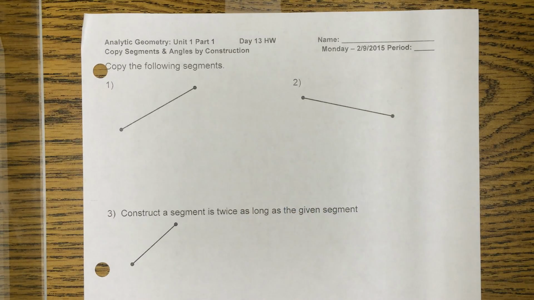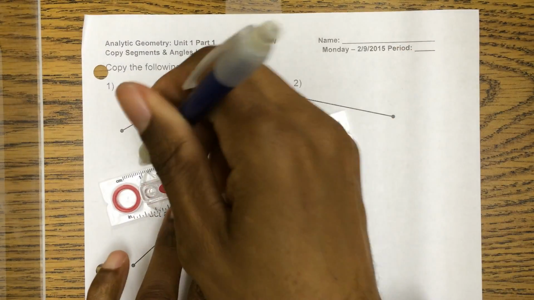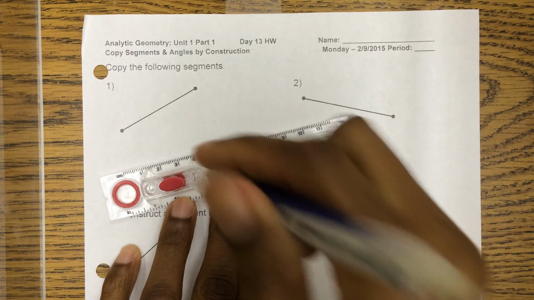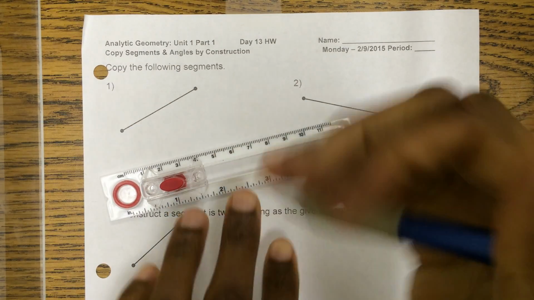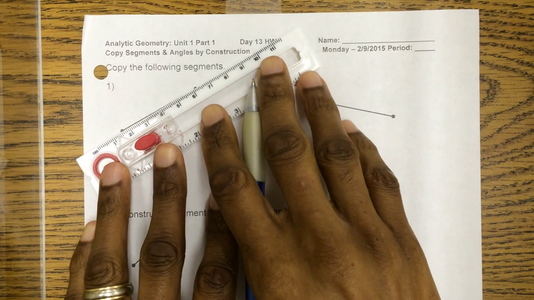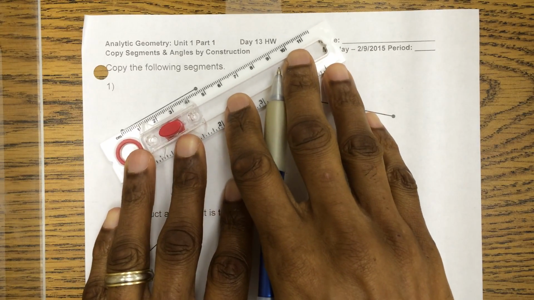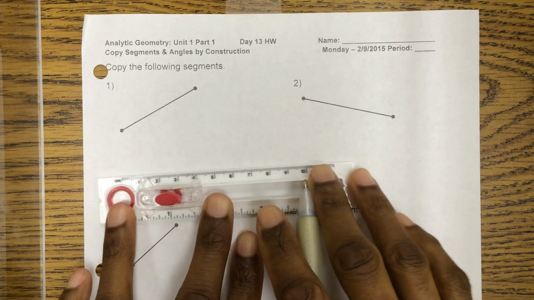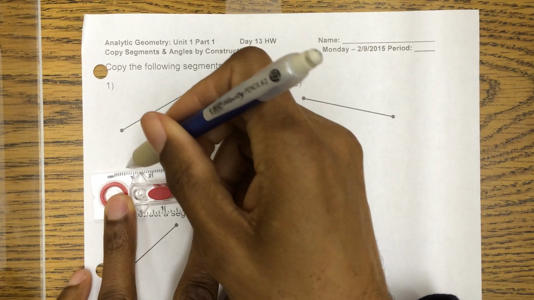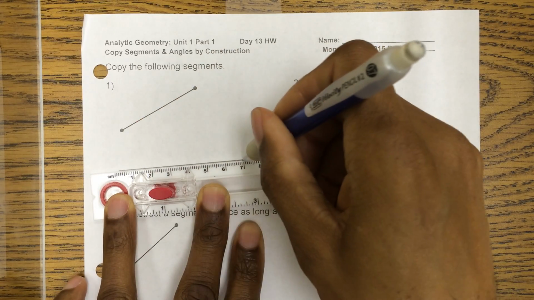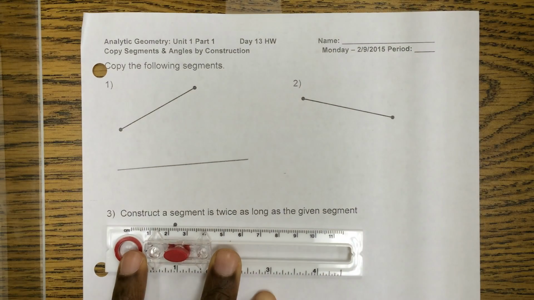If you want to copy a segment, first thing you want to do is take your straight edge. Ignore the markings of a ruler. Pretend that this was blank. When you're doing constructions, you don't get to measure it and go, oh, look, that's 5 centimeters or whatever. So when you start off, just make a segment that's longer than the segment that is your original.